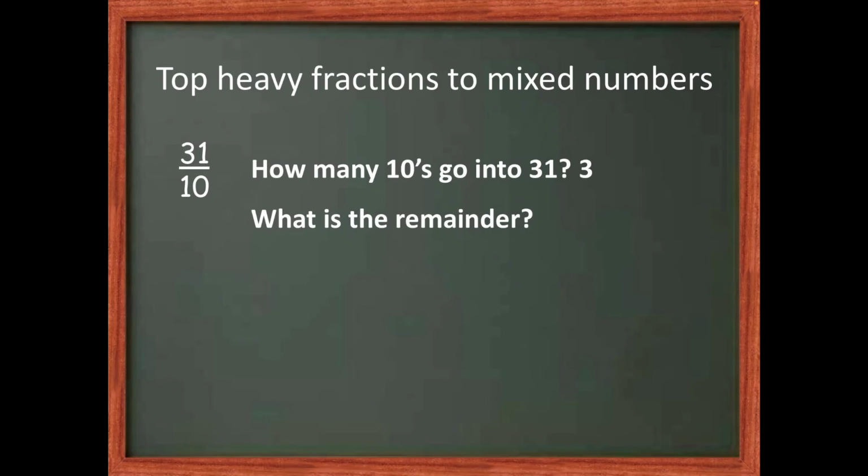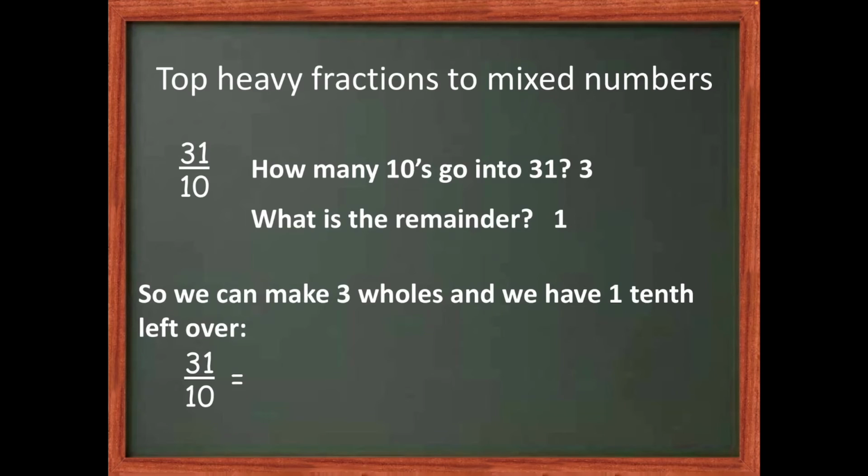Then we write down the remainder. We're left with a remainder of 1. This means we have 3 wholes and we have 1/10 left over. This gives us our mixed number as 3 1/10. Please pause the video and take down this example.